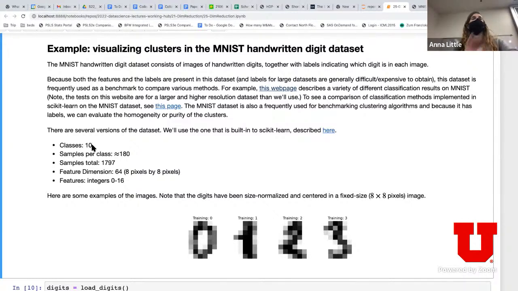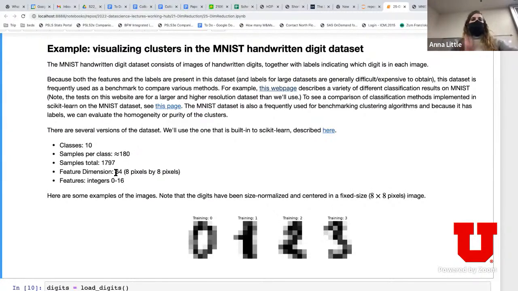Remember, we have 10 categories, which are the digits 0, 1, 2, 3, up through 9. We have about 180 data points in each class or category, and a total number of data points about 1,800.